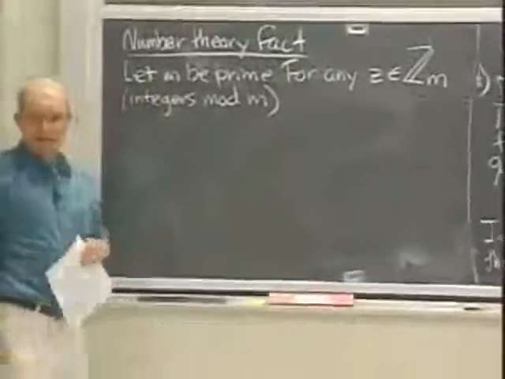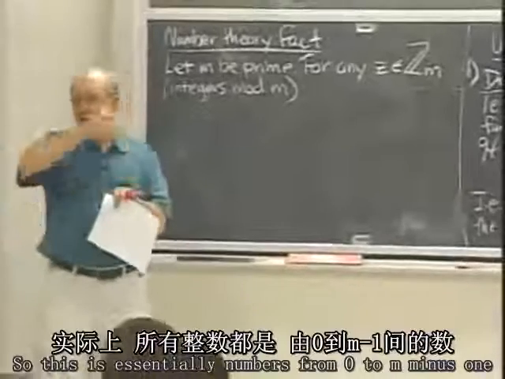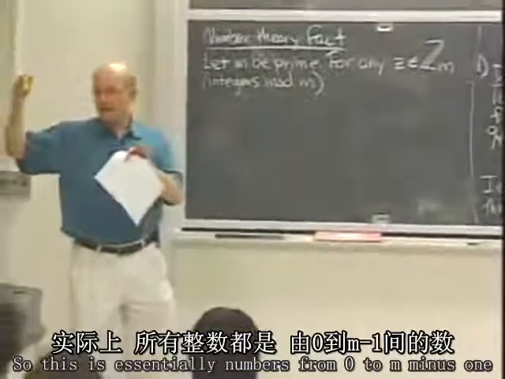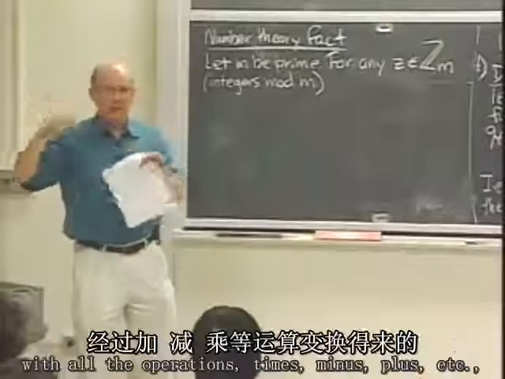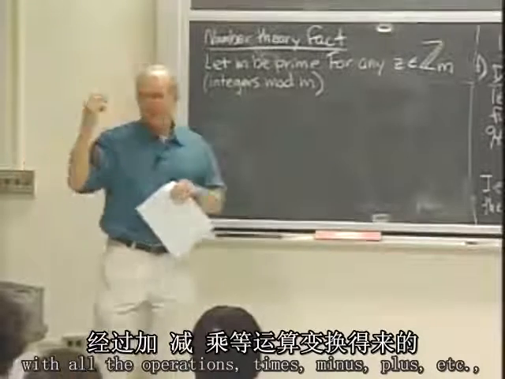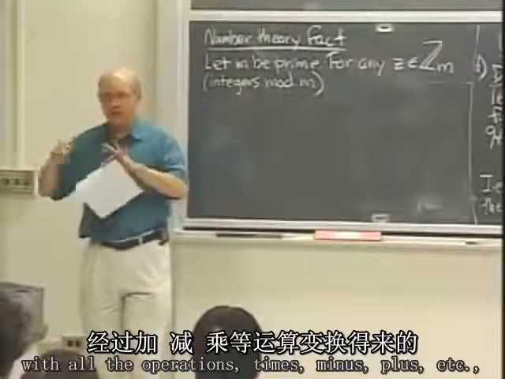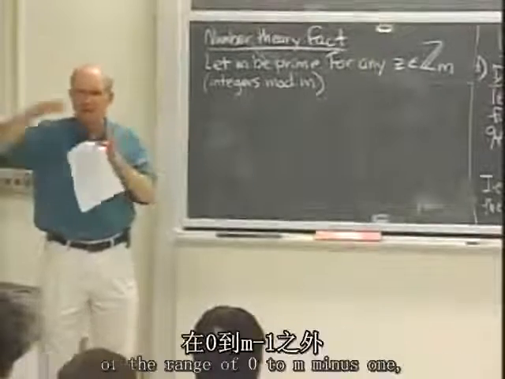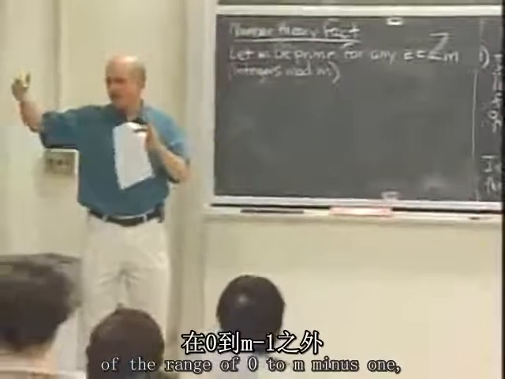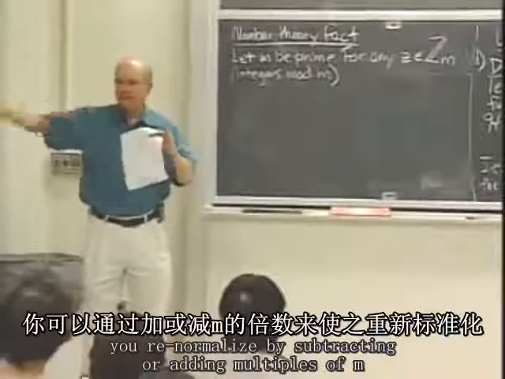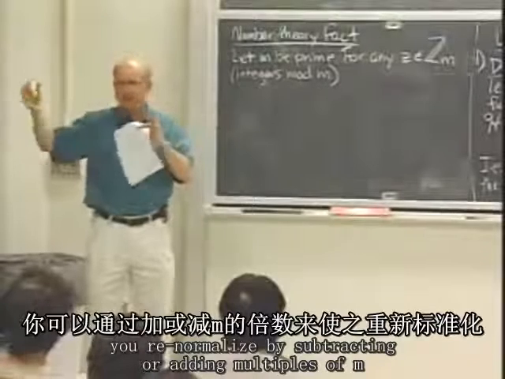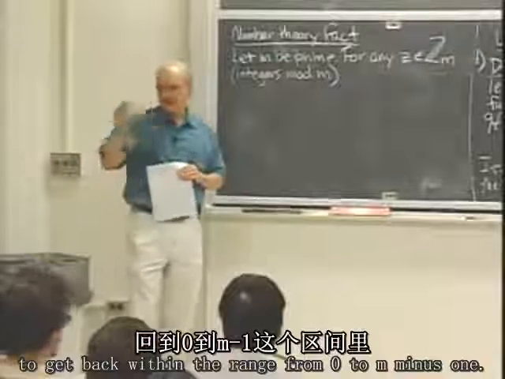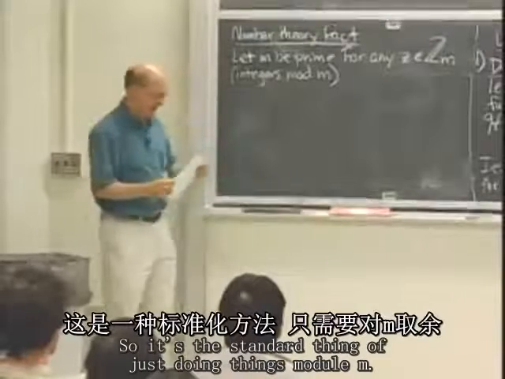Okay, so this is essentially the numbers from 0 to m minus 1 with all the operations, times, minus, plus, etc. defined on that such that if you end up outside of the range of 0 to m minus 1, you renormalize by subtracting or adding multiples of m to get back within the range from 0 to m minus 1. Okay, so it's the standard thing of just doing things modulo m.